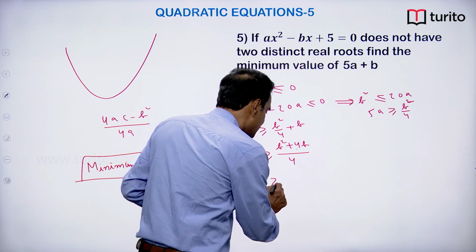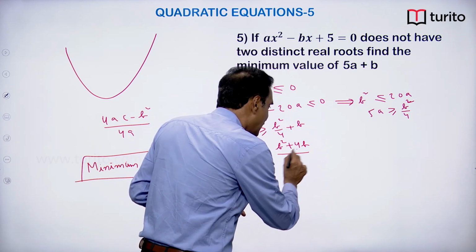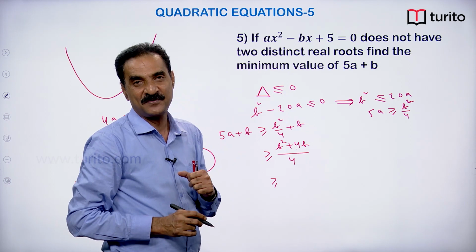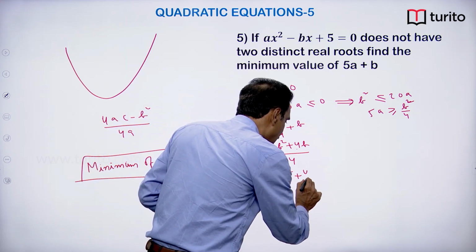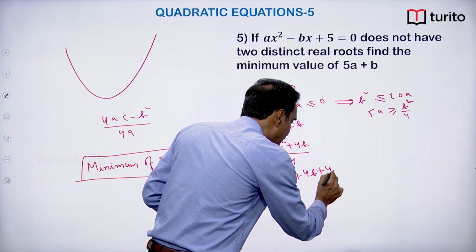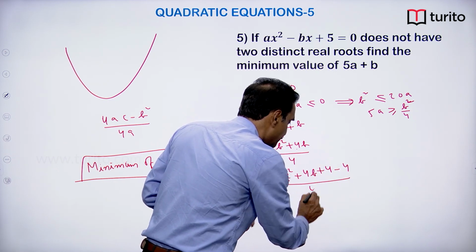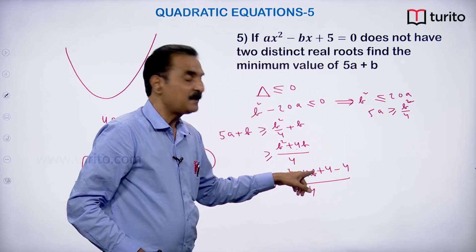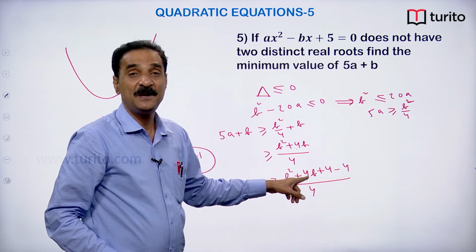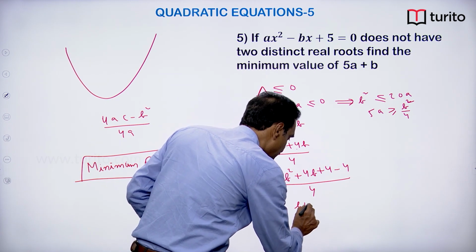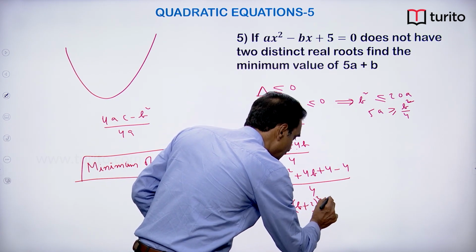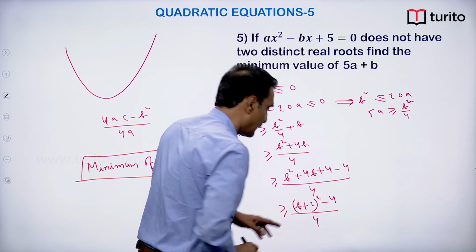You write it as b square plus 2b. How can you make it a perfect square? By adding 4 and subtracting 4, b square plus 4b plus 4 can be written as b plus 2 whole square, minus 4 by 4.